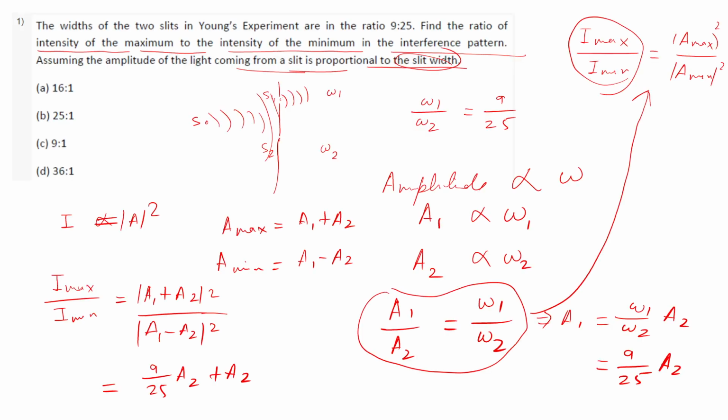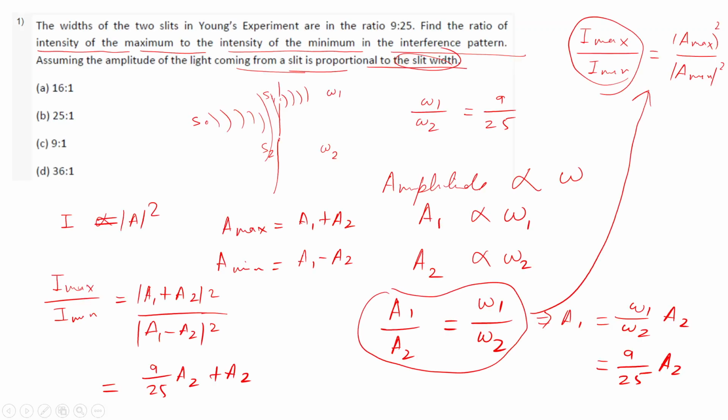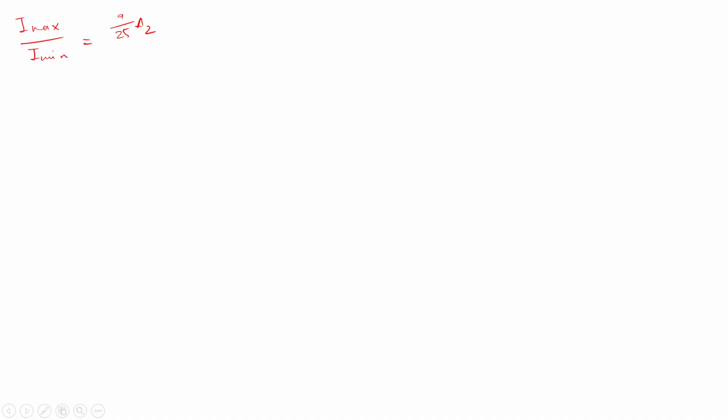So I max by I minimum is 9 by 25 times A2 plus A2, divided by 9 by 25 times A2 minus A2, and square of this means square of everything.